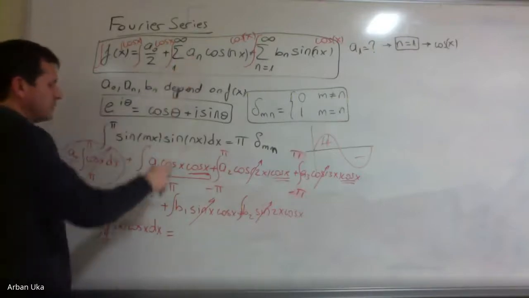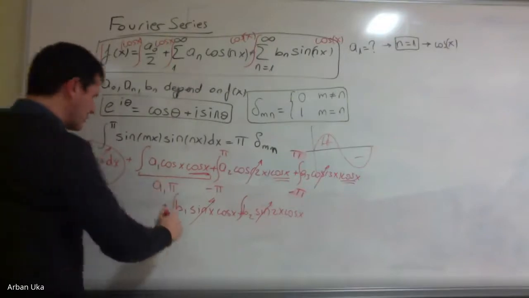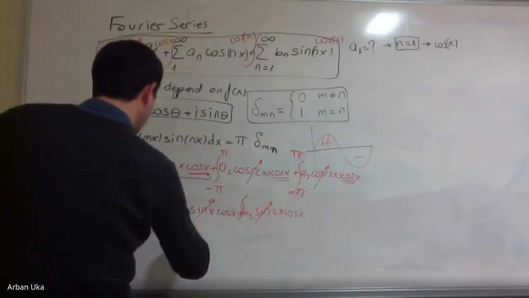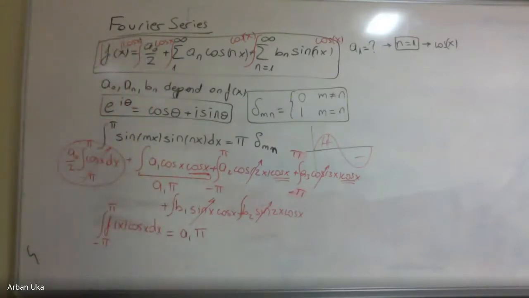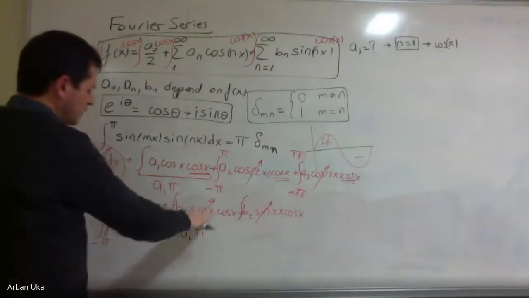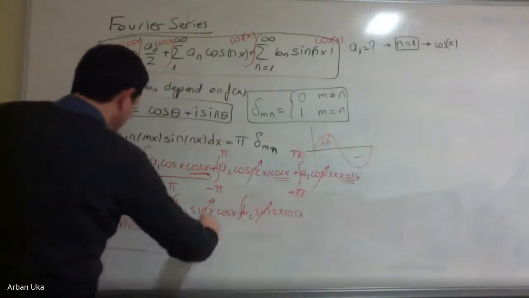If we multiply them like this, we are left only with this term, so this is equal to a1 times pi. I think this is all. And all the rest are 0, including these. So it looks like finally that's all we get.